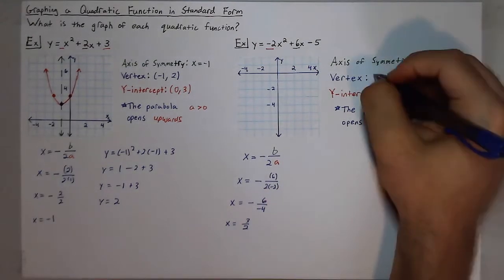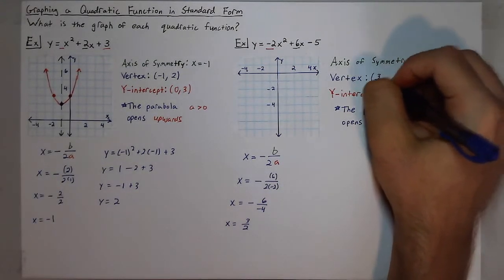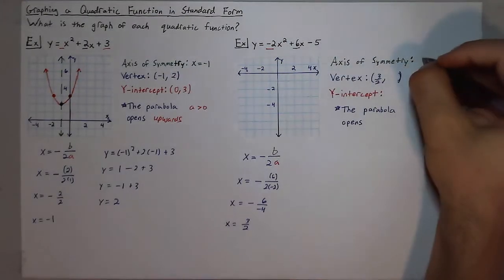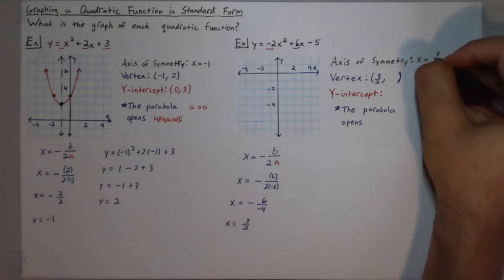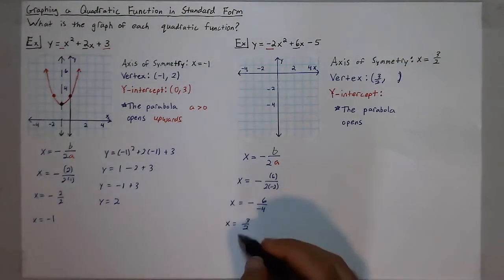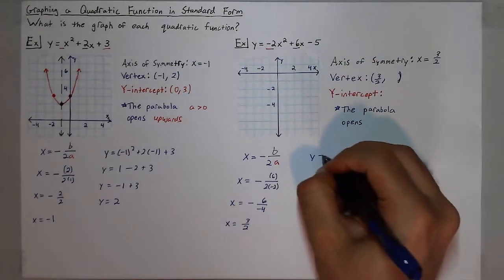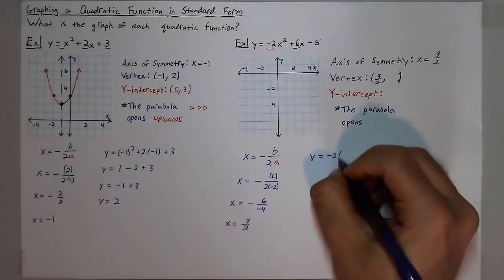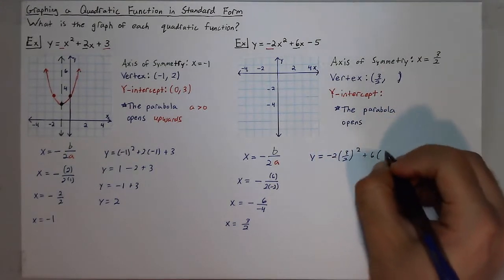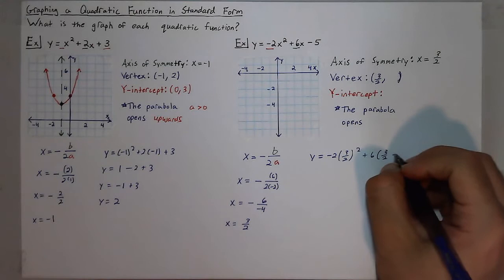So I know that my vertex is 3 halves, comma, some y value I'm about to figure out, and my axis of symmetry is x equals 3 halves. So I'll plug 3 halves into my function. I have negative 2 times 3 halves squared plus 6 times 3 halves minus 5.